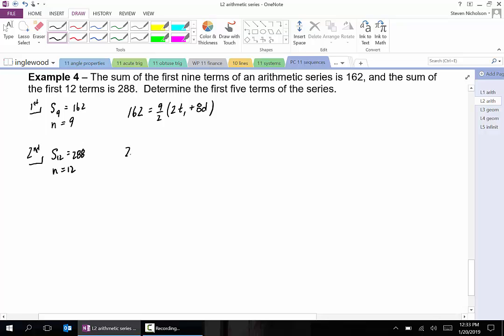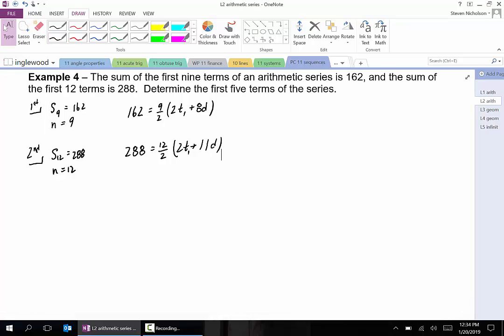When we plug that in here, we get 2 times T1 plus (n minus 1), 11d. What we end up with is 2 equations with 2 unknowns, and they're the same 2 unknowns.